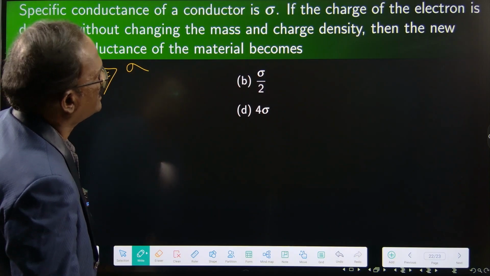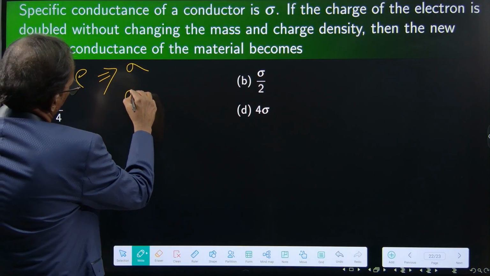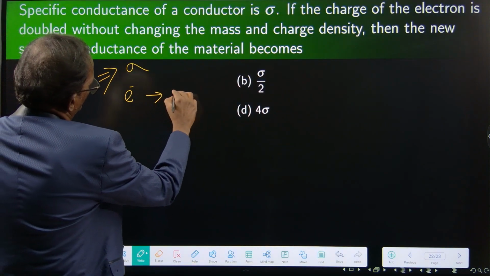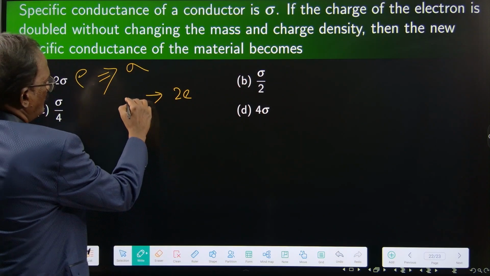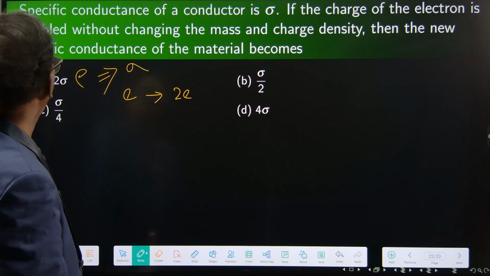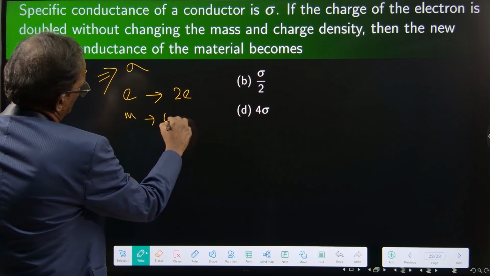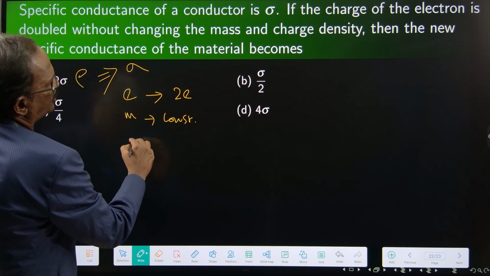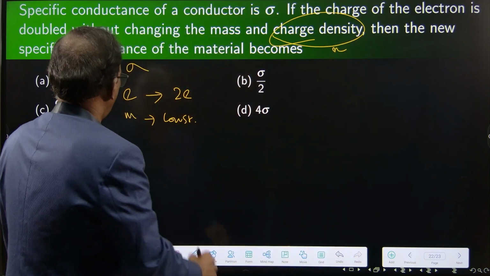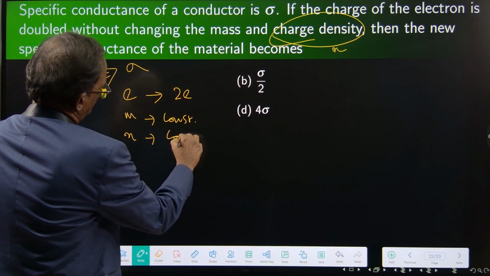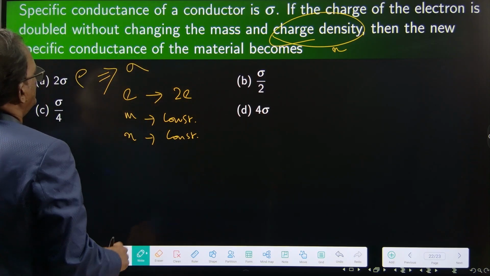If the charge of the electron is doubled without changing the mass and charge density, mass constant, electron density, free electron density N is also constant. Then what is the new specific conductance?